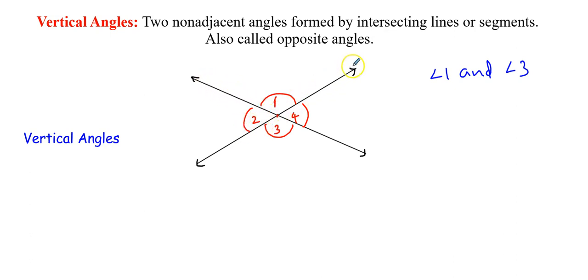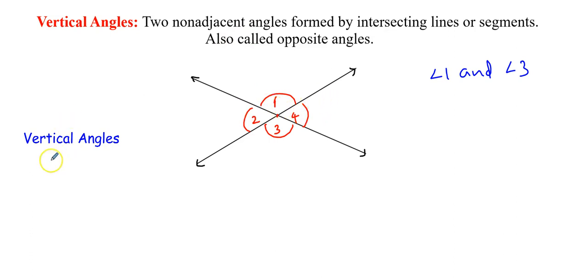These are the two sides for angle 1, and angle 3 has entirely 2 different sides, and they are opposite to each other, vertically opposite angles. We can also call them vertically opposite angles, but in short, they are vertical angles, right? Because of non-adjacent angles they have.